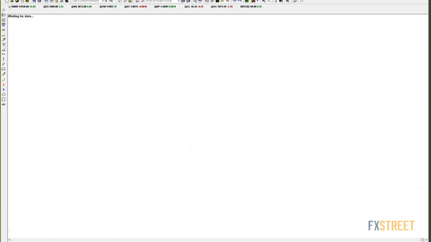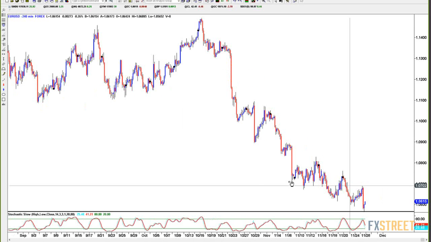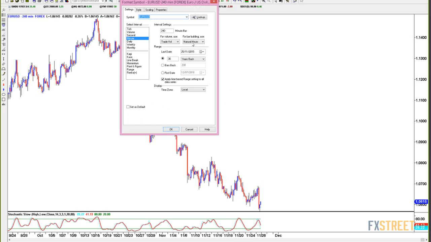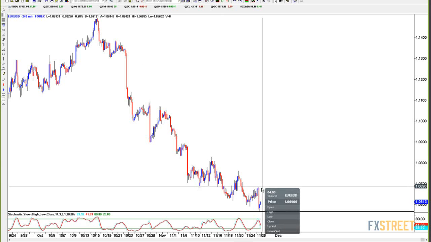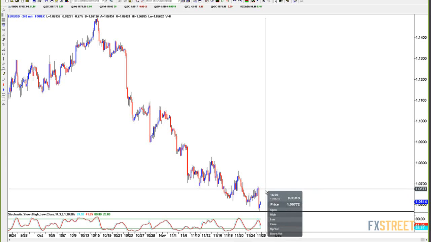I'll just pull up a chart and show you. Once the data loads up, apologies for this while we're waiting for it. Okay. This was our area that we actually had on here last night, and you can see we wanted to get out because our daily area was our profit target.